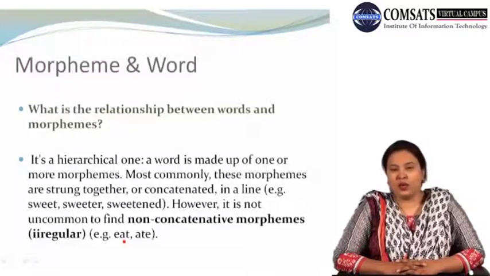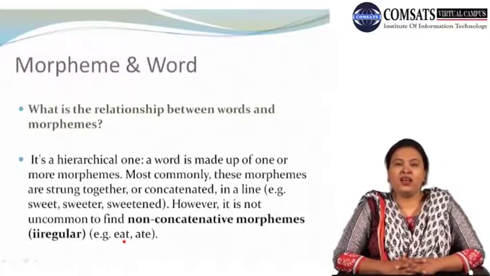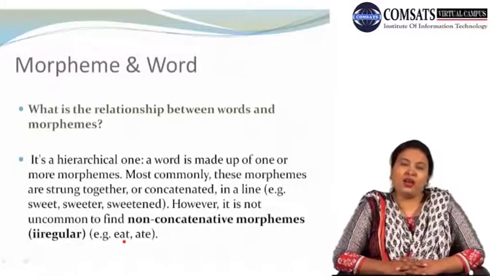Sweeter is a single word but made up of two morphemes, sweet and er. Sweetened, again a single word but made up of three morphemes, sweet and ed. So this way we have a hierarchical, concatenated, linear relationship between the morphemes and words.